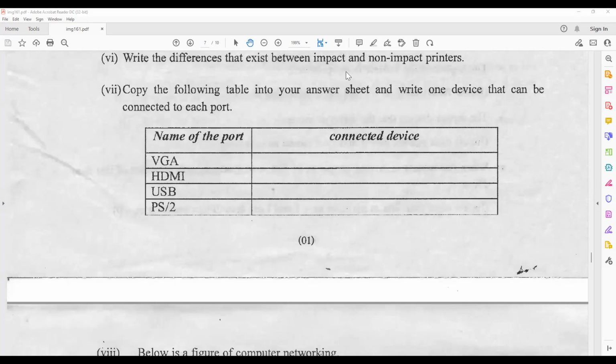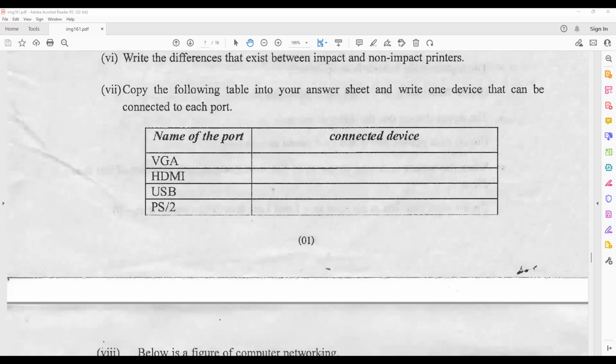The second one is on what devices can connect to each port. A few ports are listed here: VGA port, HDMI port, USB port, and PS2 port. You are supposed to come up with what devices can connect to these ports. Those are the questions.